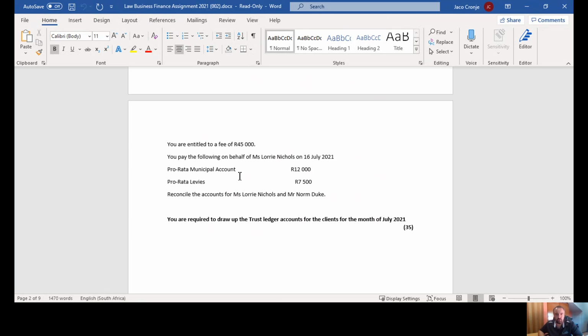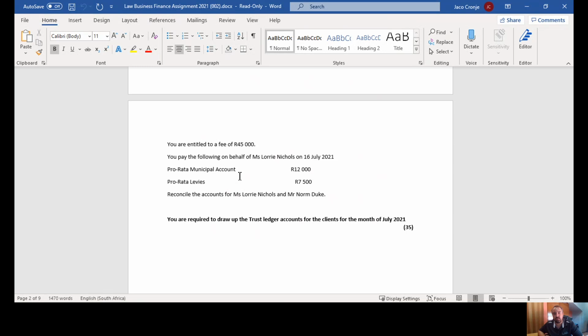It says you are required to draw up the trust ledger accounts for the clients for the month of July 2021. So they are not asking us for the trust cash book, they are only asking for the client ledgers relating to the client's trust transactions.